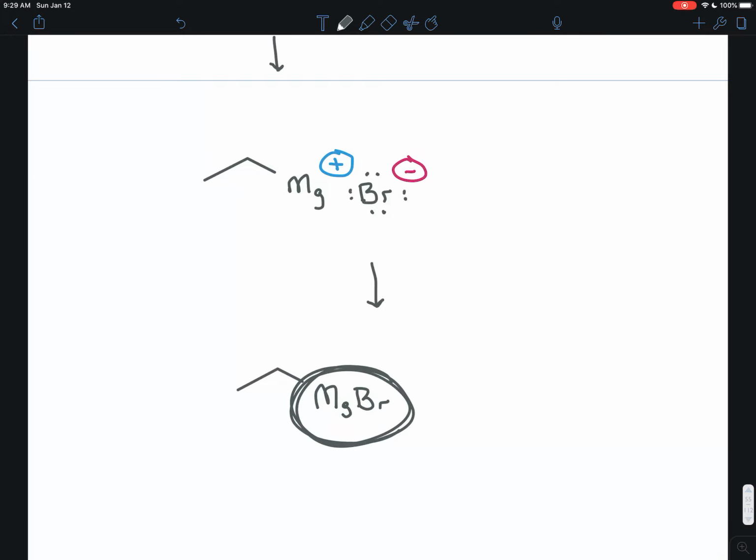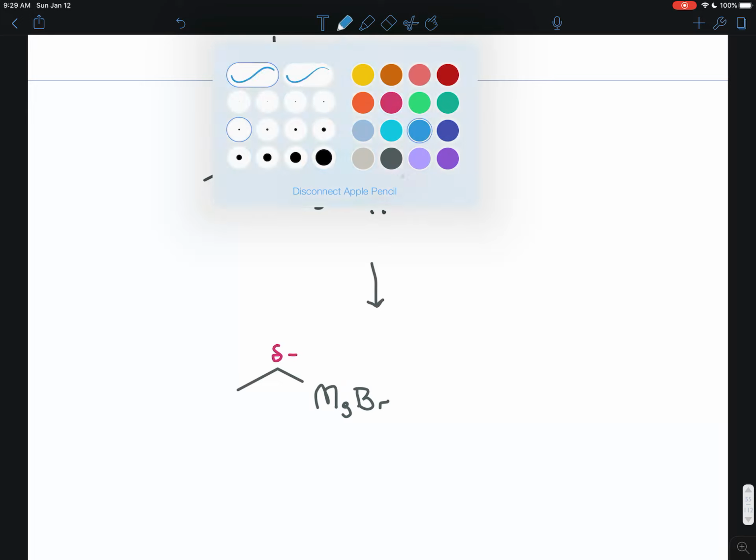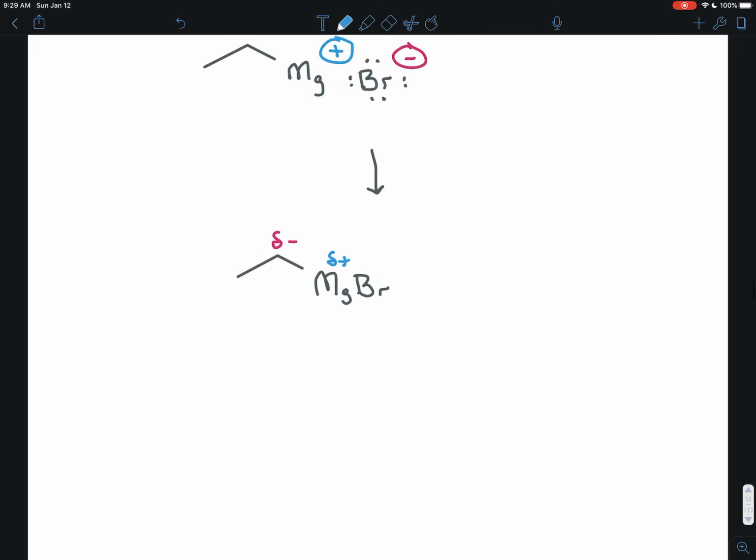So this is sort of an ionic compound, and this is a really polar covalent bond, because the magnesium has very low electronegativity, so it gives its electrons away. Whatever it's bonded to gets it. In this case, that's the carbon, and so you get those charges there.